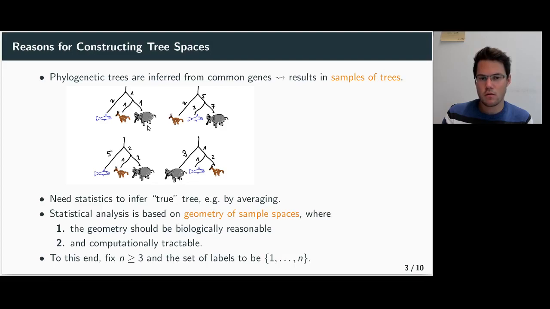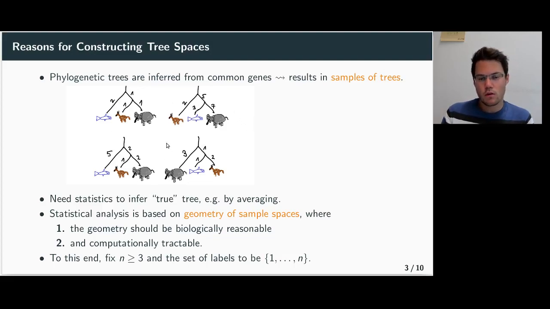Now, measuring different pieces of DNA usually results in a different phylogenetic tree, and thus you will naturally obtain a sample of phylogenetic trees. All are proposals for the assumed-to-be-true underlying evolutionary phylogenetic tree.